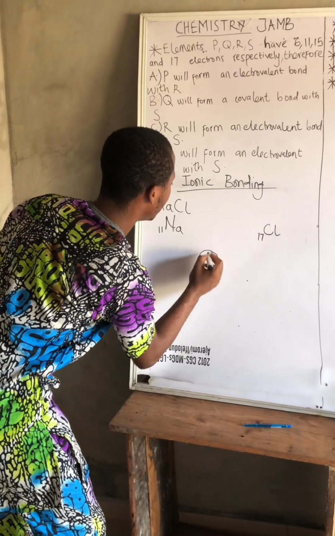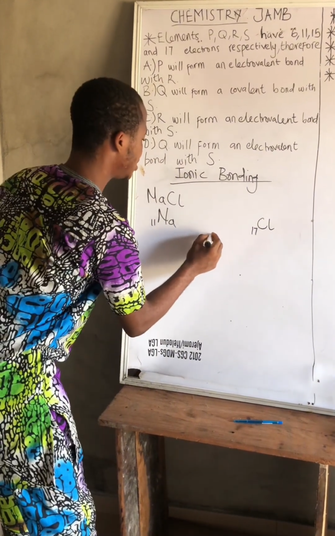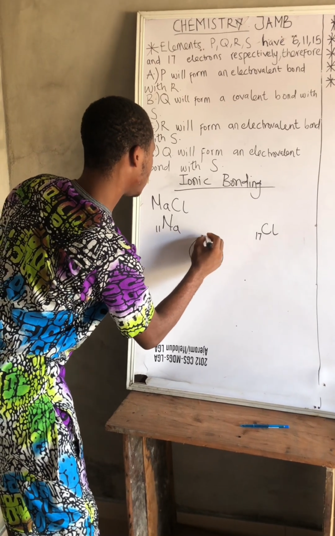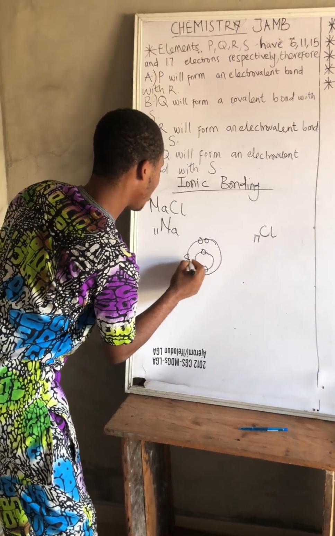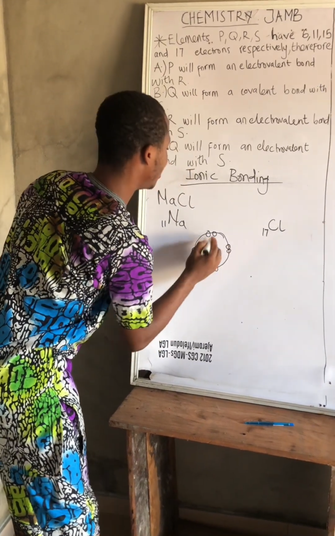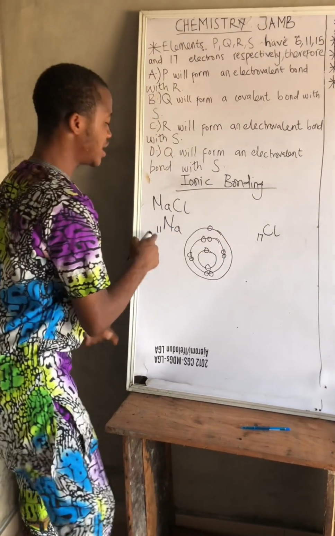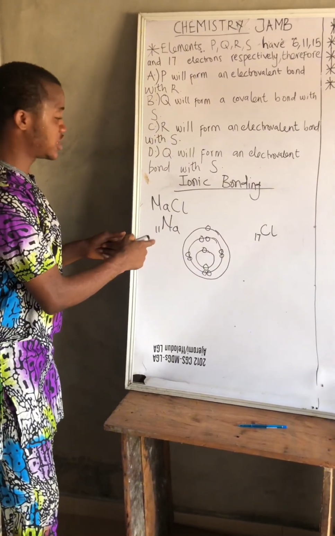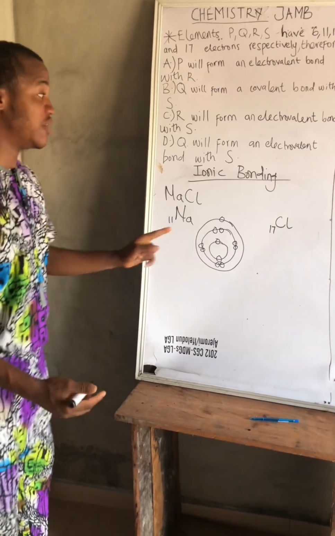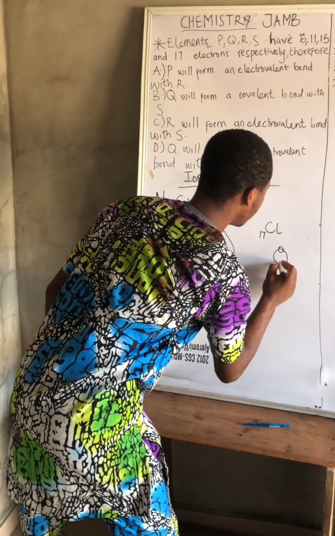For sodium, the first shell has 2 electrons, the second shell has 8 electrons, and in the third shell we only have 1 electron, to make a total of 11 electrons. This is 2 plus 8, that's 10, plus 1, making 11. While for chlorine, the first shell has 2 electrons normally.